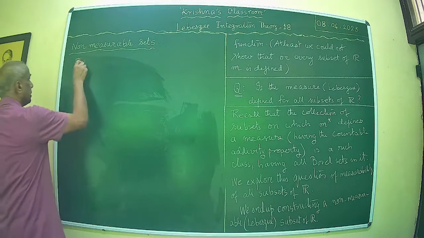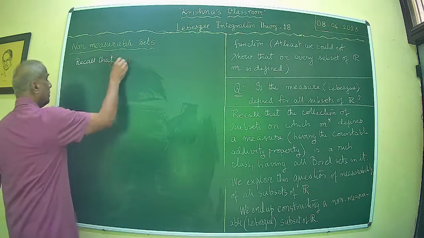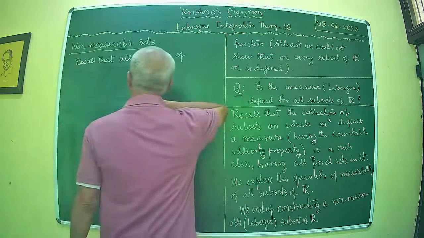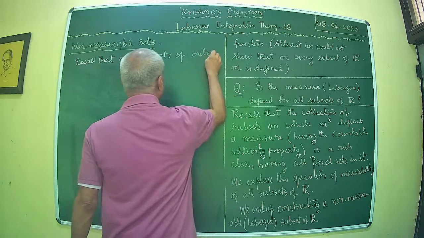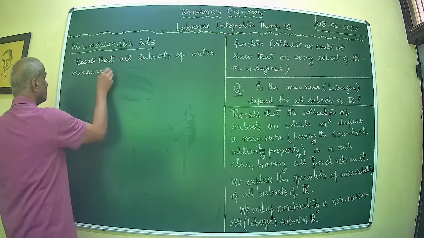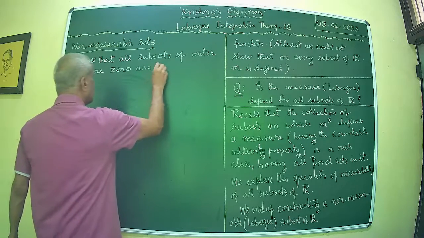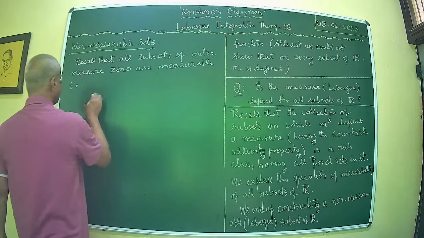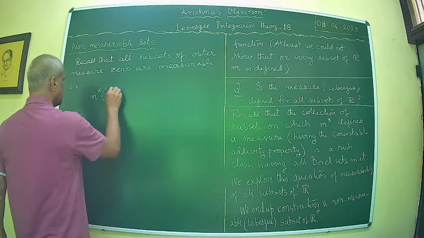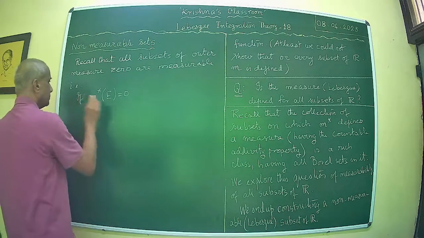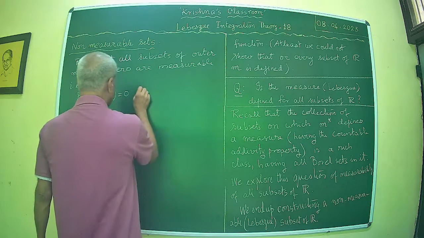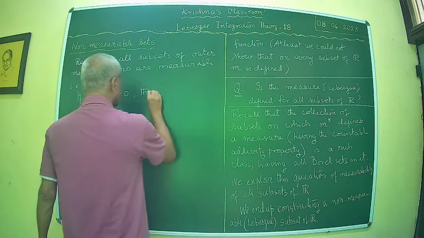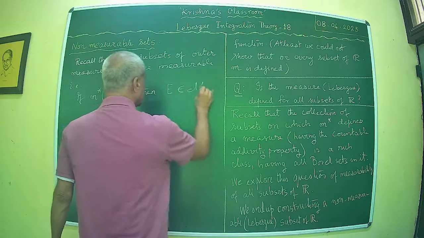So recall that all subsets of outer measure zero are measurable.